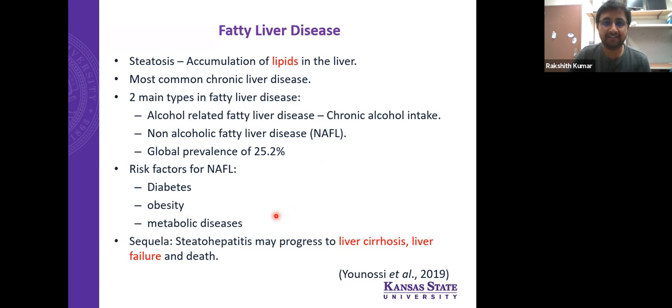And once we get NAFL, once inflammation begins, it will become steatohepatitis, and it may progress into liver cirrhosis in the chronic form, and then it may cause liver failure and death of the individual.